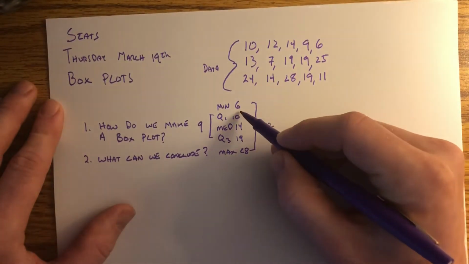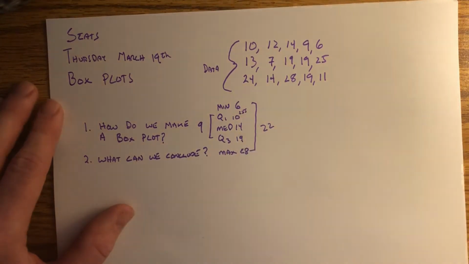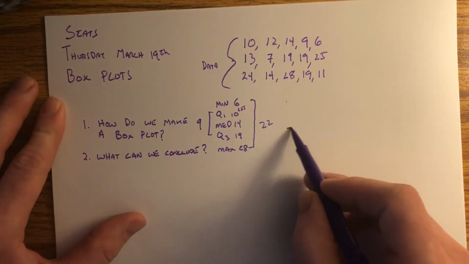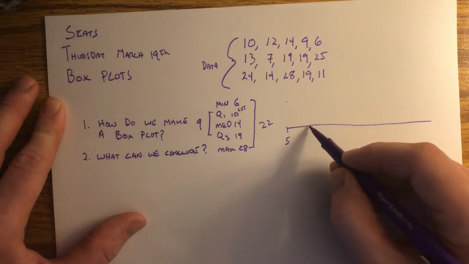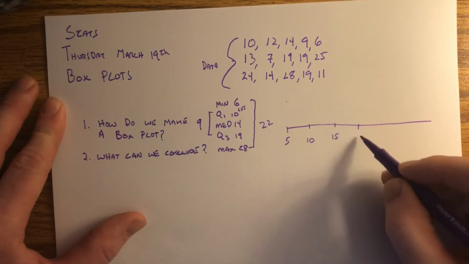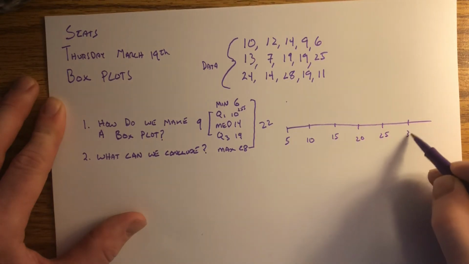Remember, each little spot here is going to be 25%, 25%, 25%, 25% of the data. So if I were making a little box plot here, I would maybe start at 5 and count up by 5s, 5, 10, 15, 20, 25, 30.